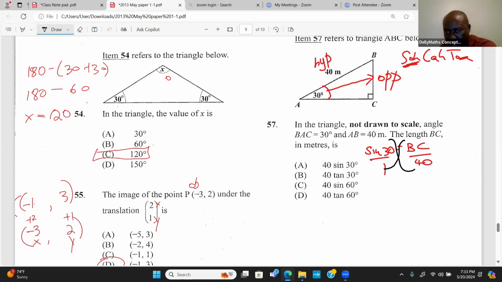So you could say 40 sine 30 is BC. Be careful: 40 tan 30, 40 sine 60, 40 tan 60. Be careful.